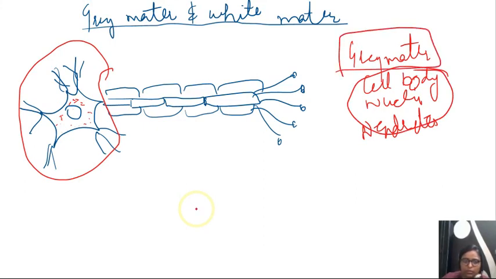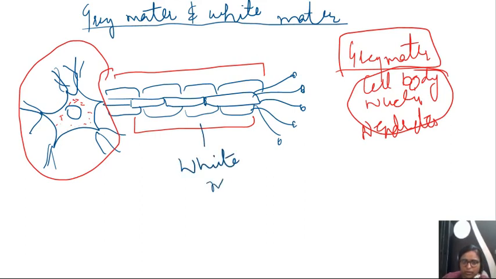and the axonal part is your white matter. Why is it grey and white? Anybody can tell me? Yes. Why is it grey or white?